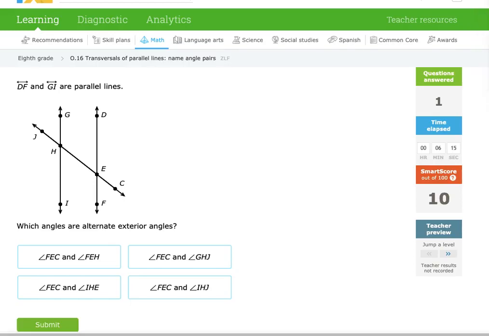Okay, so we have alternate exterior angles that they want. Alternate exterior angles. Okay, remember alternate means opposite, and exterior means outside.